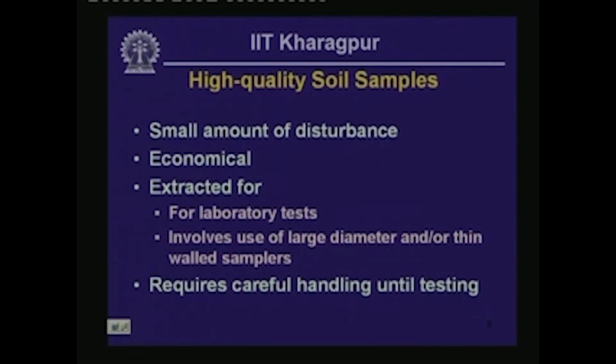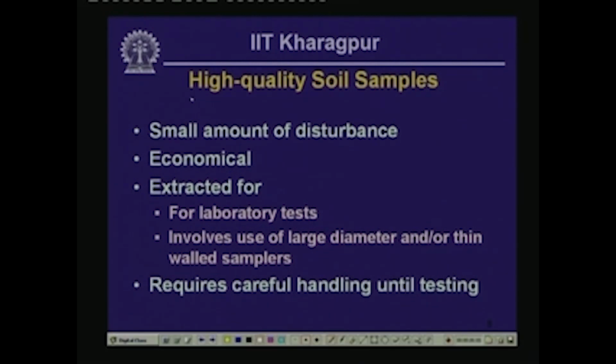Now, in between the disturbed and undisturbed soil samples, we also can talk about an intermediate stage, and that is the high quality soil sample. In this case, the disturbance introduced into the soil sample is relatively less, much less in fact, in comparison with that imparted by the procedures that we discussed for obtaining disturbed soil samples.